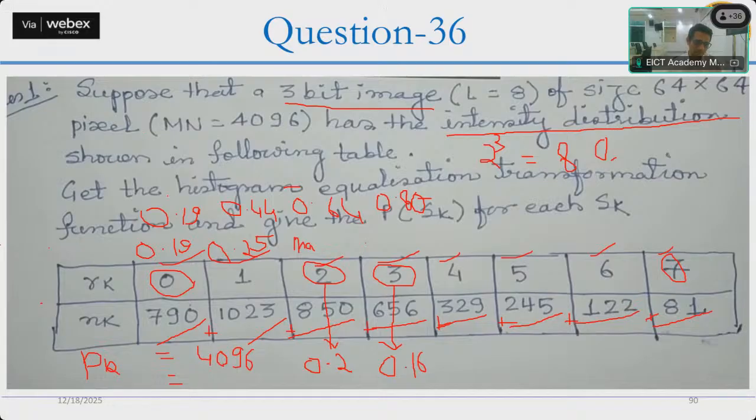So what will be the value? 0.19 multiplied by 7 is 1.33. 0.44 you will multiply by 7. What will be the value? 3.08.